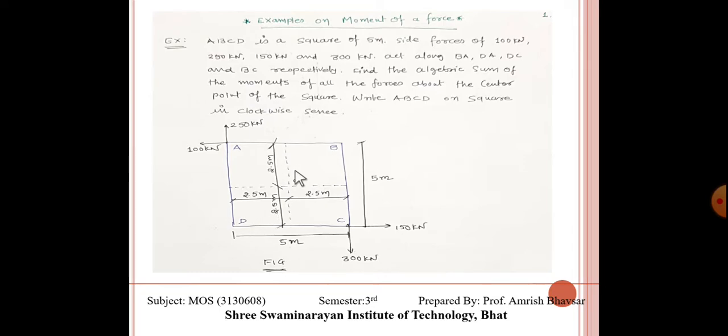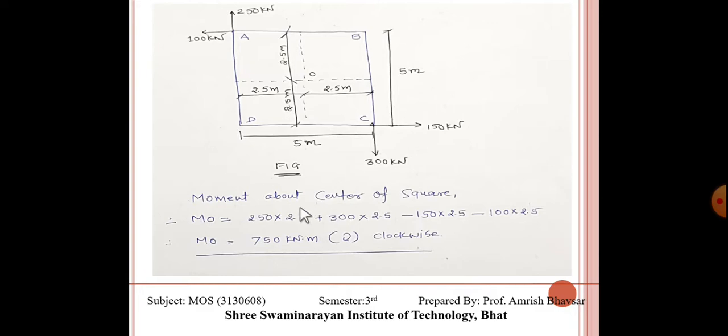Here we have to understand the proper position and rotation of our clock, then we can understand how the moment becomes clockwise or anti-clockwise. So the moment about the center of the square: the 100 kilonewton force is anti-clockwise and the 250 kilonewton force is clockwise.